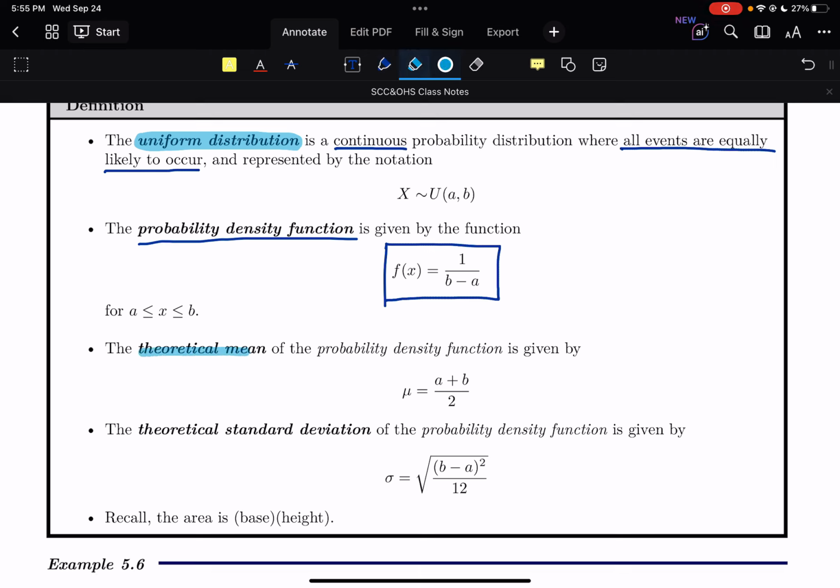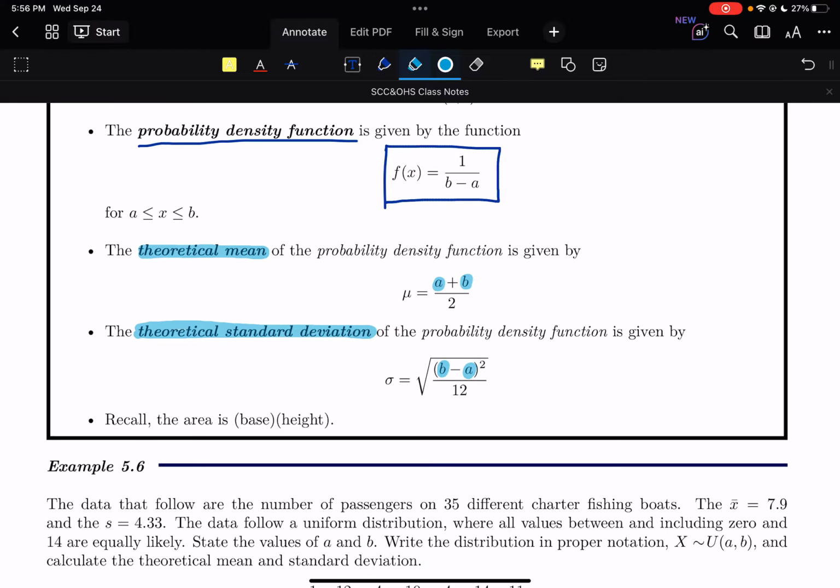And we're talking theoretical mean and theoretical standard deviation for these. We'll see how this works in a little bit with the examples. But basically, by computing theoretical mean and standard deviation, we're just looking at the overall behavior based on the endpoints. You can see here these formulas are just based off of the starting and ending points of that interval, regardless of what the specific values are between.